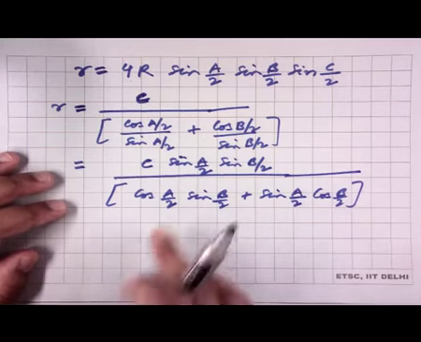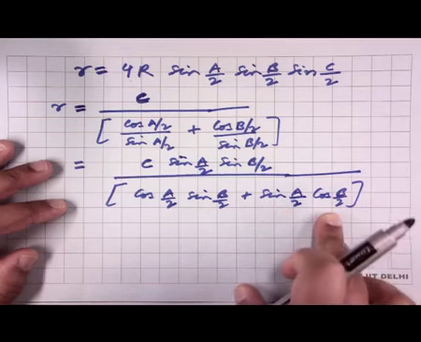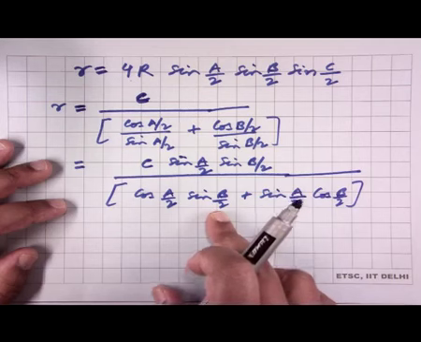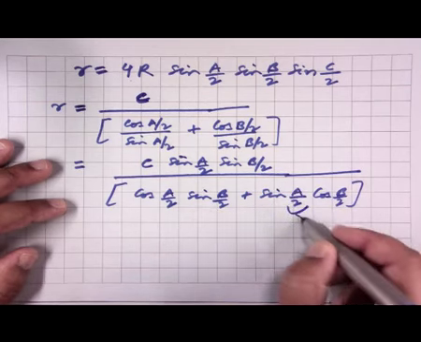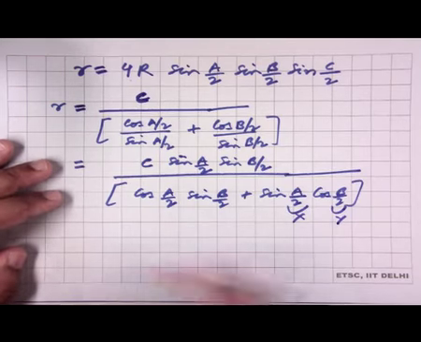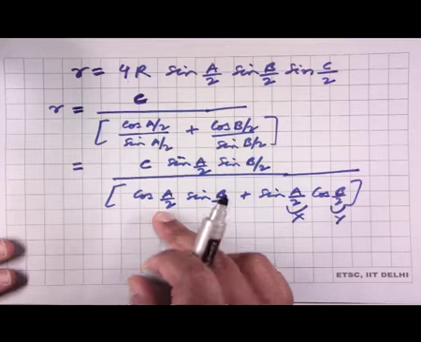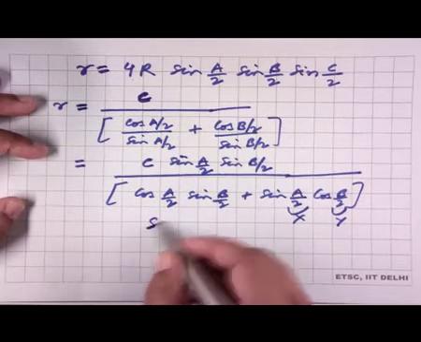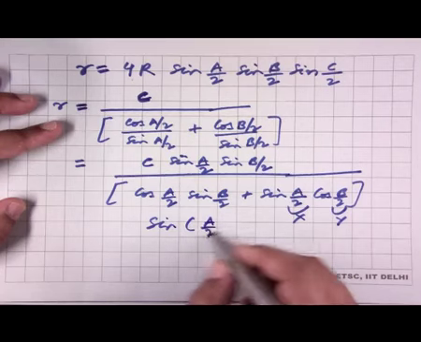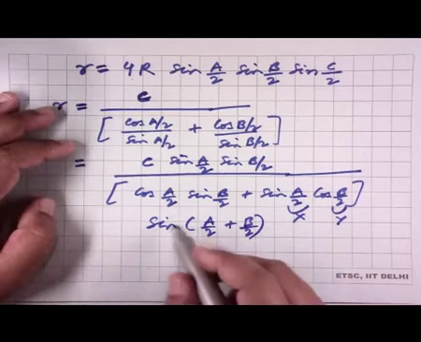But this is of the form sin x cos y plus cos x sin y, and we can take this as x and this as y. So, sin x cos y plus cos x sin y is nothing but sin of x plus y, which is sin of A by 2 plus B by 2.